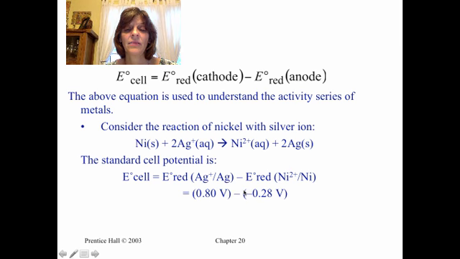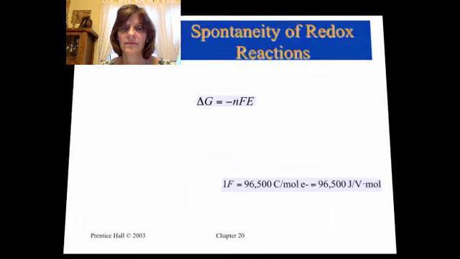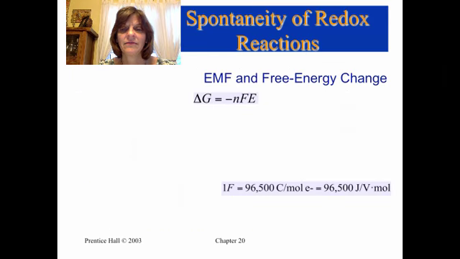So it's 0.80 minus negative 0.28, which gives you a positive 1.08. Remember, if it's going to be spontaneous, the E of the cell is going to be positive. So if you get a negative number, but you know it's spontaneous, you know you did it backwards.